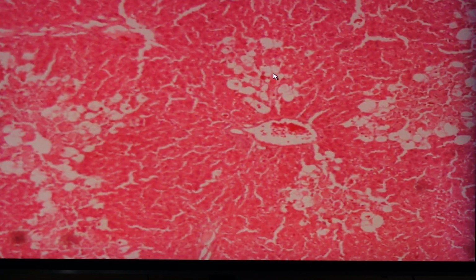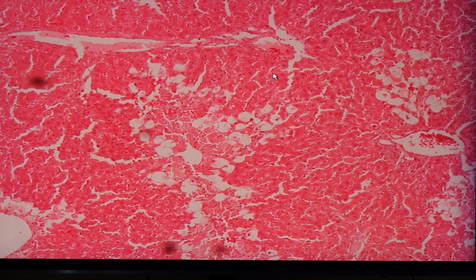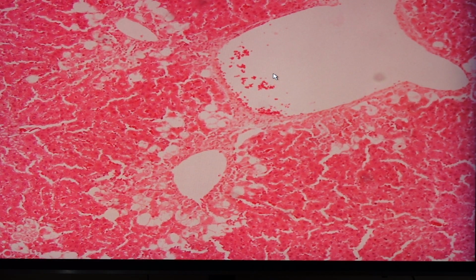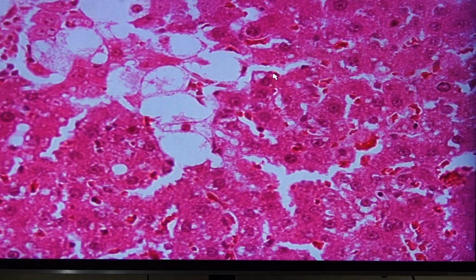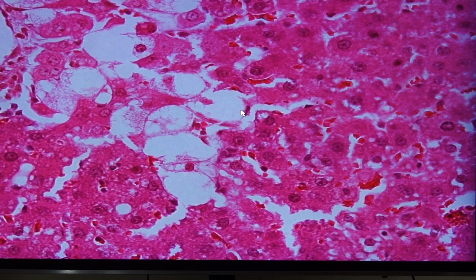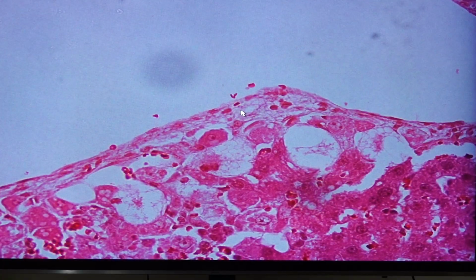Now we go to slide number 2, which would already be a combination of reversible and irreversible change with persistence of the carbon tetrachloride. So what are the changes that we would see? Look at the reversible change first. The nuclei of the cells have been pushed to the periphery, so it becomes a macrovesicular steatosis.